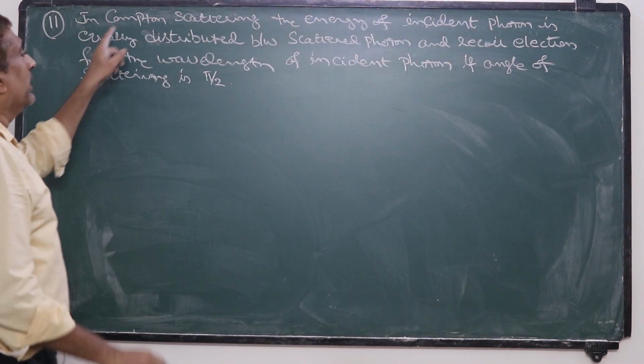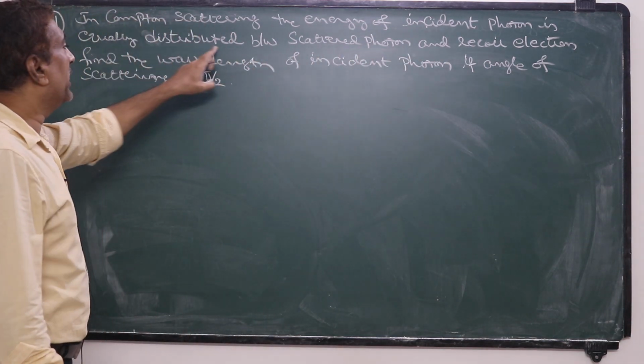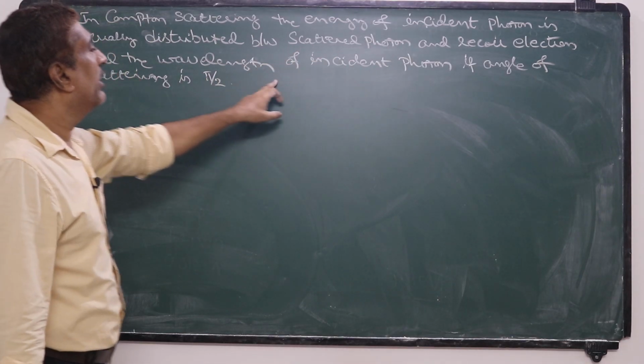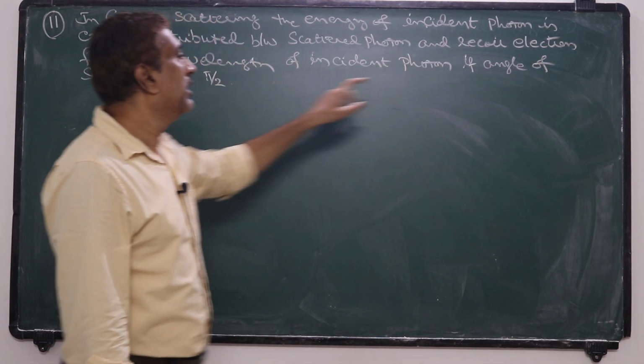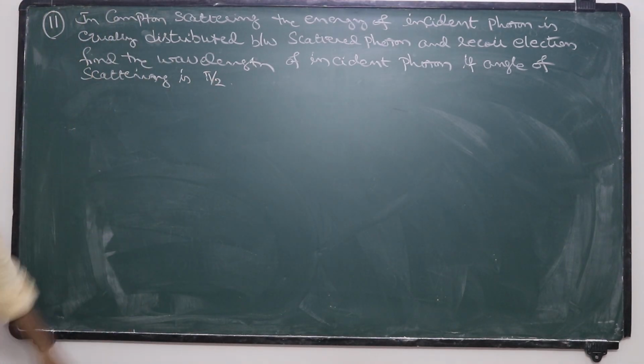Okay. In a Compton scattering, the energy of the incident photon is equally distributed between the scattered photon and the recoil electron. Find the wavelength of the incident photon if the angle of scattering is pi by 2.